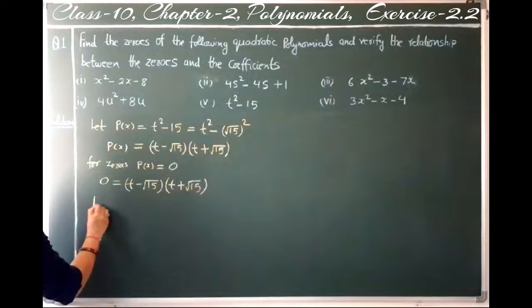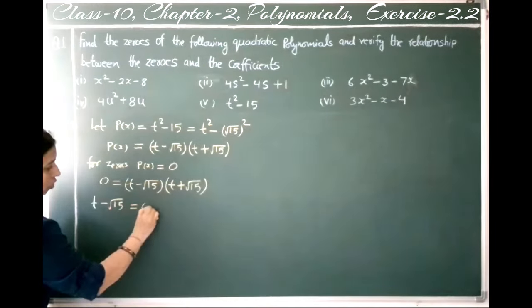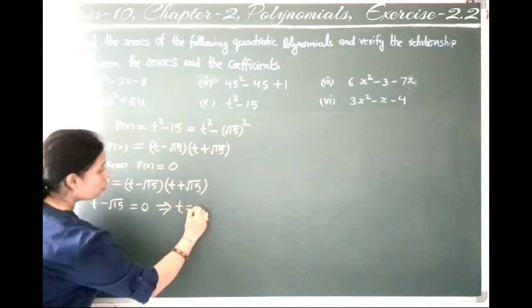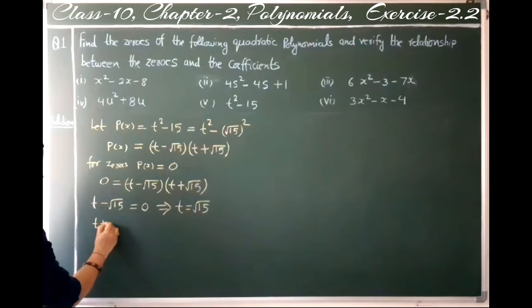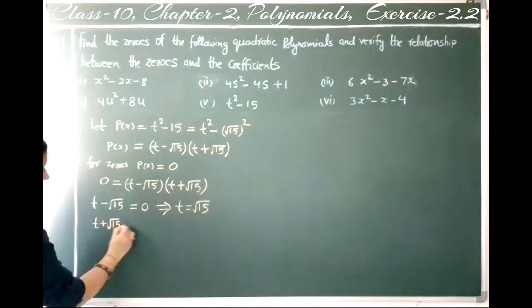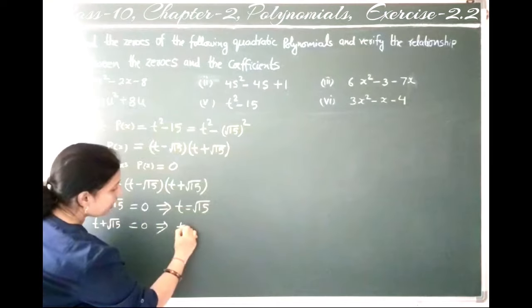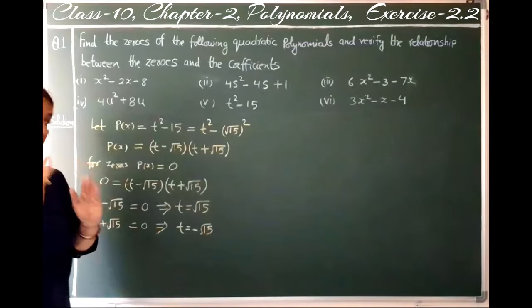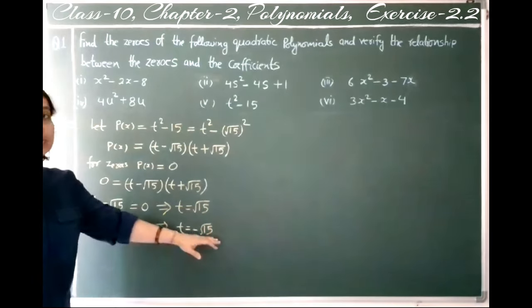So we can write t minus root 15 is equal to 0. This gives t is equal to root 15. And if t plus root 15 is equal to 0, then we get t is equal to minus root 15. Now we have two zeros. T is equal to root 15 and the second zero is minus root 15.